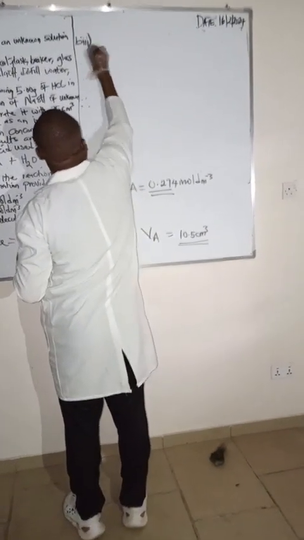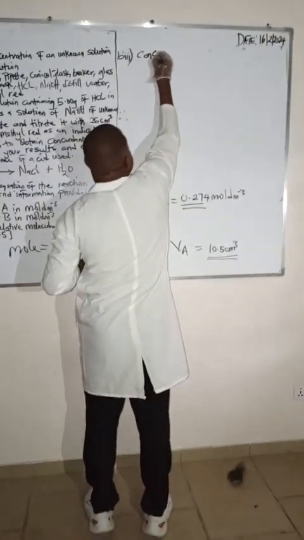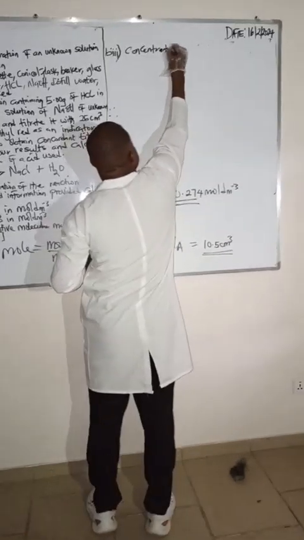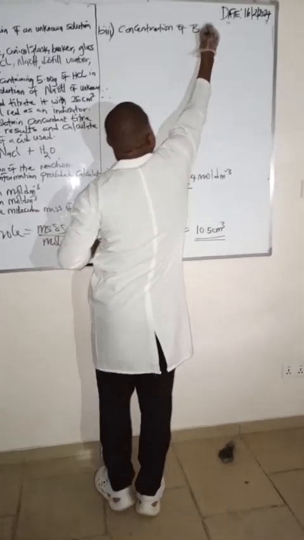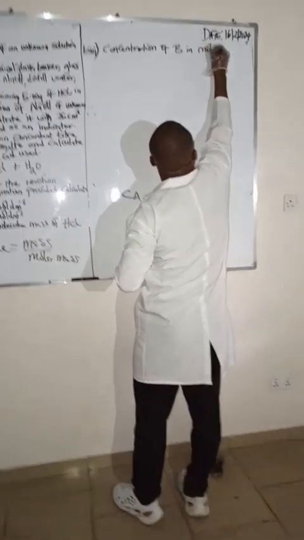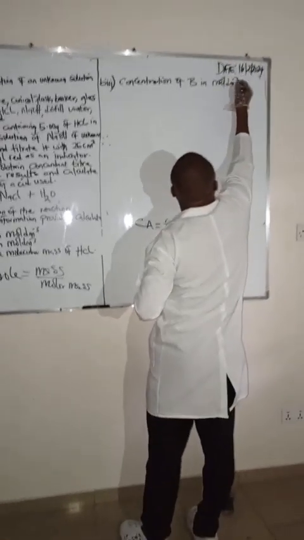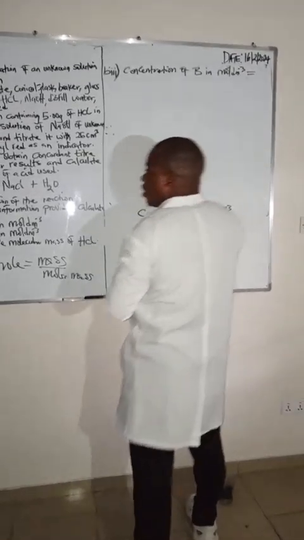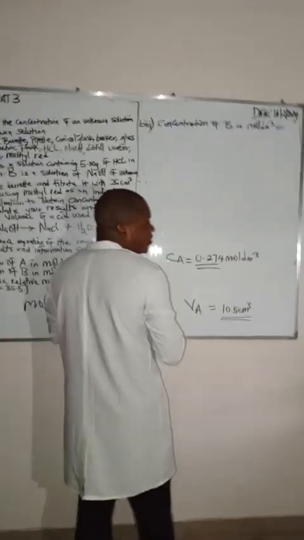Now, III: concentration of B, also in mole per dm cube. It is equal to, we will introduce our titration formula.